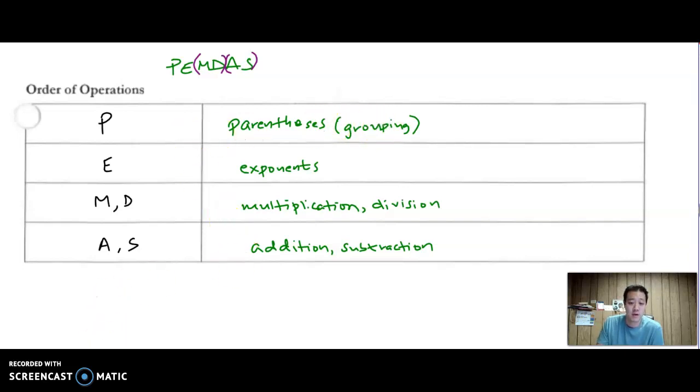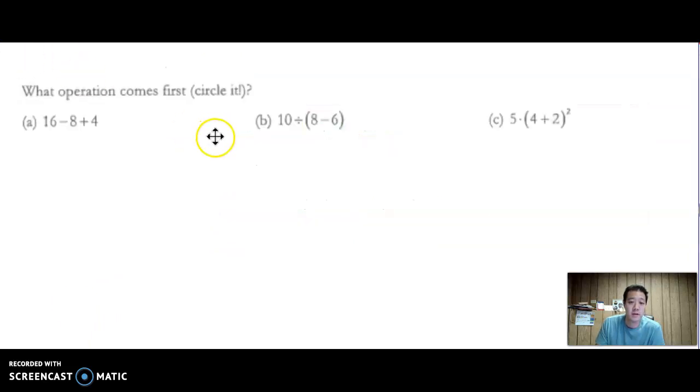This is based off a worksheet that we would have done in school if we were in person. What operation comes first? If you want to pause it and try it on your own, you can. Otherwise, just keep watching.